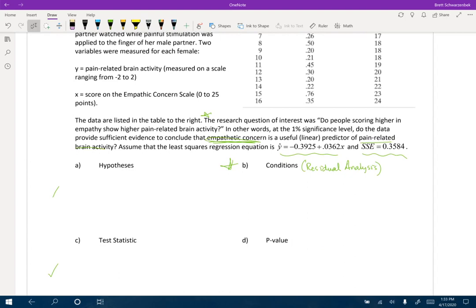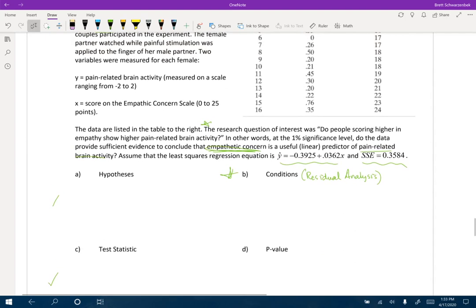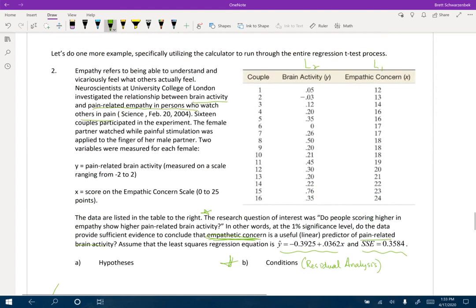Now, we are going to do that, but it's worth noting, in a problem like this, they probably wouldn't give you the regression equation in this setting, because for conditions, you have to find it anyway when you do the LinReg a plus bx.